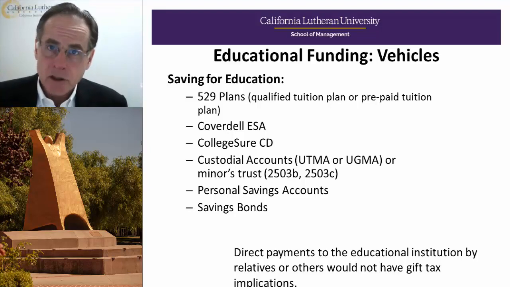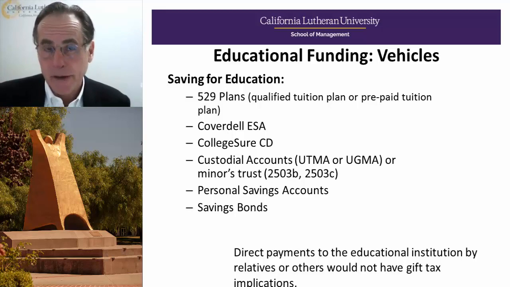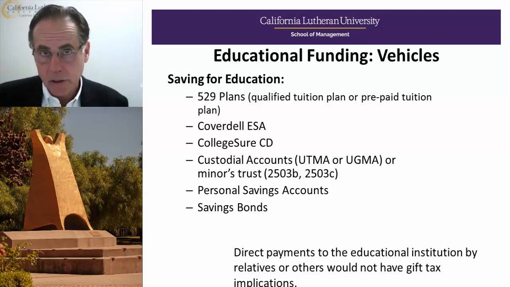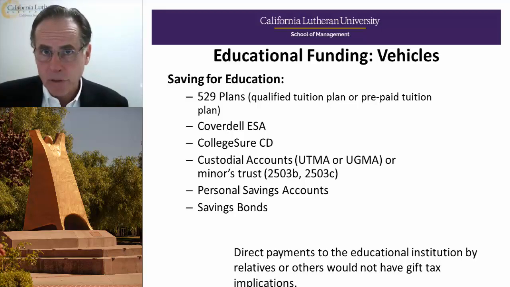As you studied in your core fundamentals of financial planning course, Business 501, you looked at educational funding, and some of the vehicles are out there for you to invest for savings, in many cases on a tax advantaged basis. And they include the 529 plan, whether it's the savings plan or the prepaid plan, the Coverdell educational savings account, some CDs perhaps that allow you to somehow align with the growth of education.